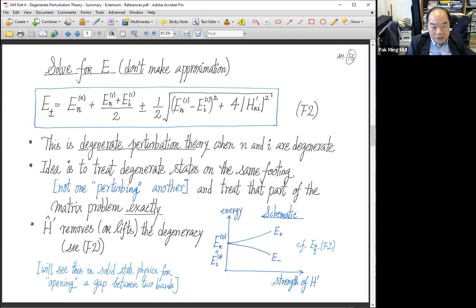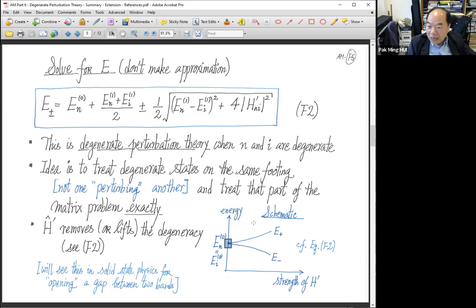Okay? So now you see, the effect is the following. This is the perturbation effect, H prime. When this H prime matrix element is non-zero, then the stronger it is, the more important this term will be. Originally, without H prime, these two states are degenerate. They have the same energy.